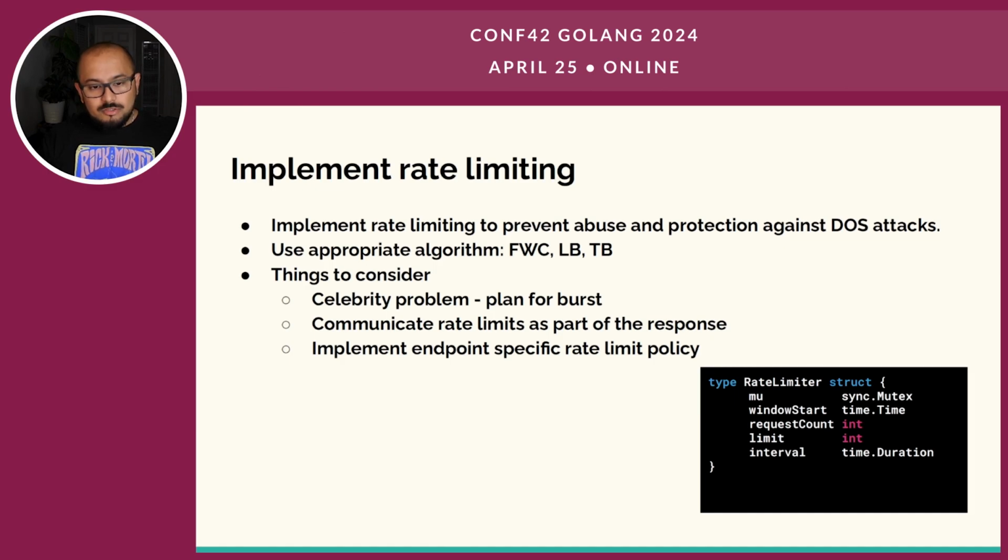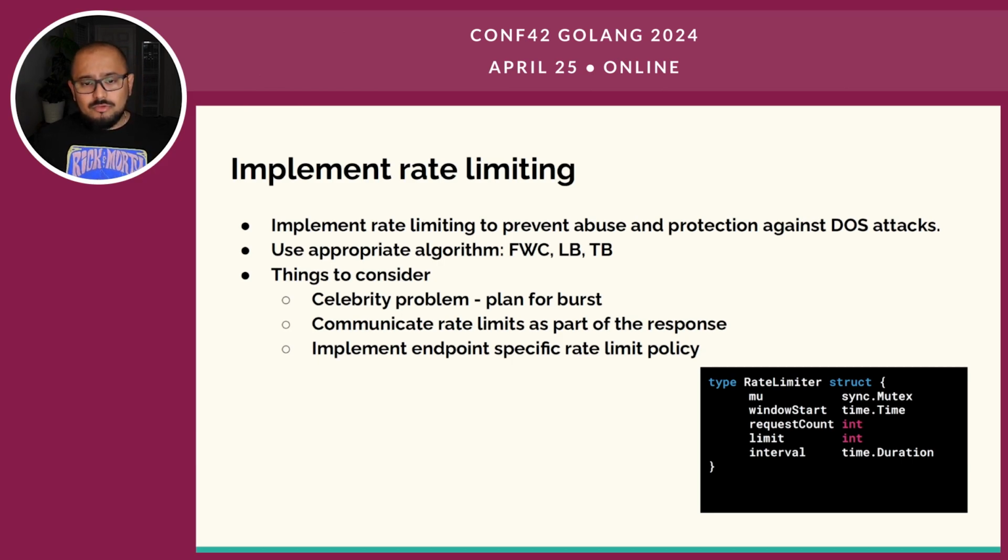We need to make sure each endpoint is different, and traffic on each endpoint should come at a different rate. For example, the password reset API endpoint might not receive the same number of requests per minute or per second compared to get orders or list items, right? So we need to make sure each of them has specific rate limiting policies applied to it.